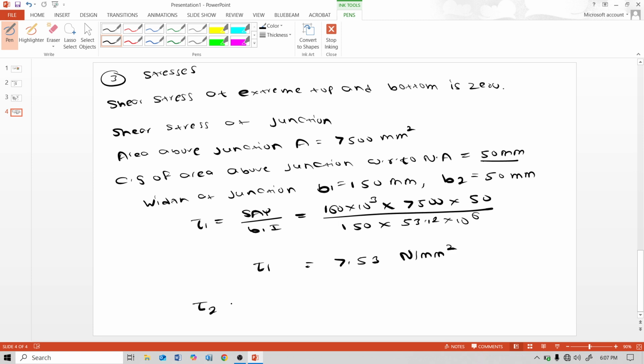And tau 2 is the shear stress at the junction, at the width of 50 mm, b2. For this 50 mm b2, shear stress tau 2 is S A y by b2 I. S is the same, 160 multiplied by 10 raised to 3. For calculation of tau 2, we directly use this formula.